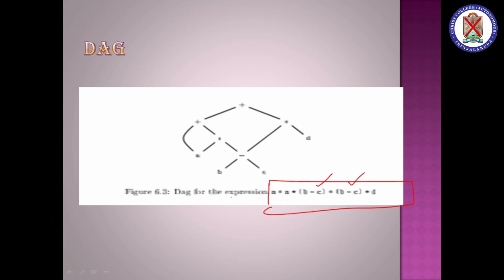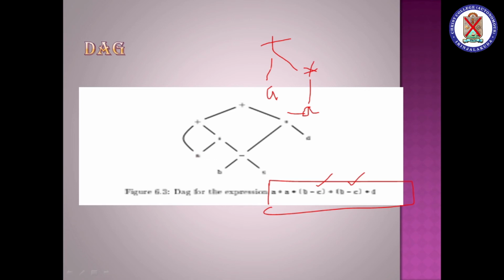For that, look at here, that A I am drawing again here. Here plus, here A is already there, here star is there, already A is there. So this A can be represented in a non-redundant way like this, because A is the same for plus and also star.